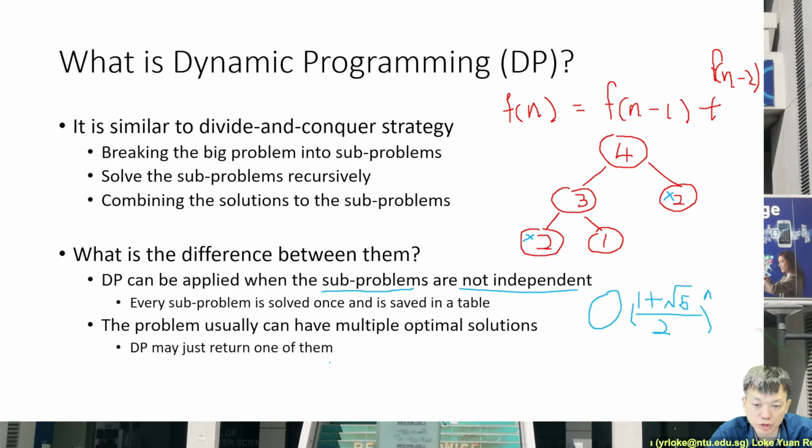And the problem usually can have multiple optimum solutions, but DP is just trying to look for one of them. Like I said, a lot of the time we just want to know one solution. Although I know there are a lot of other optimum solutions, it's not important. I just want one optimum solution.